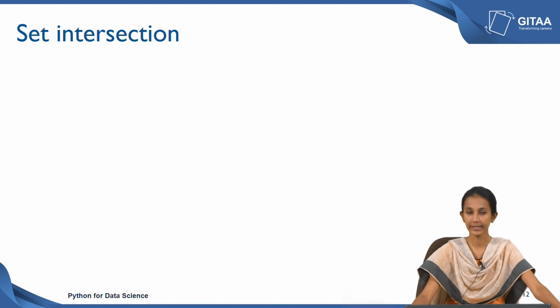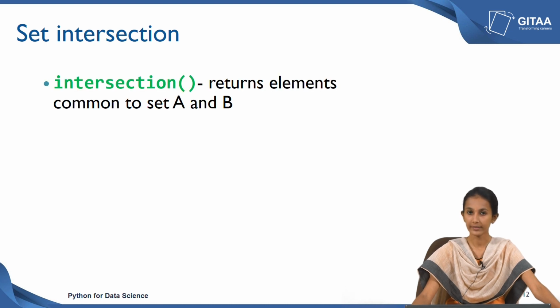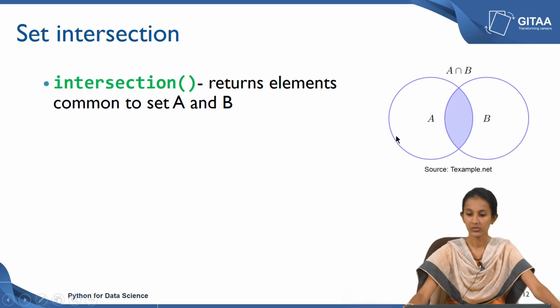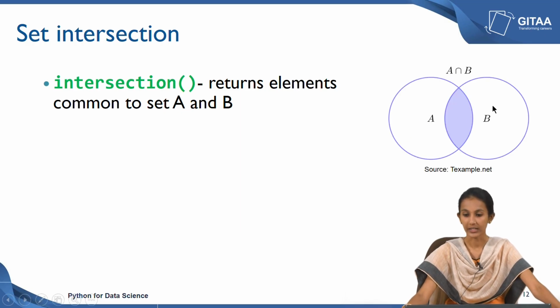Next we will look at set intersection. Intersection is again an inbuilt command available in Python. It returns the elements common to both set A and set B. This is our set A, set B, and it returns this shaded part: whatever elements are common to both sets, it returns as output.